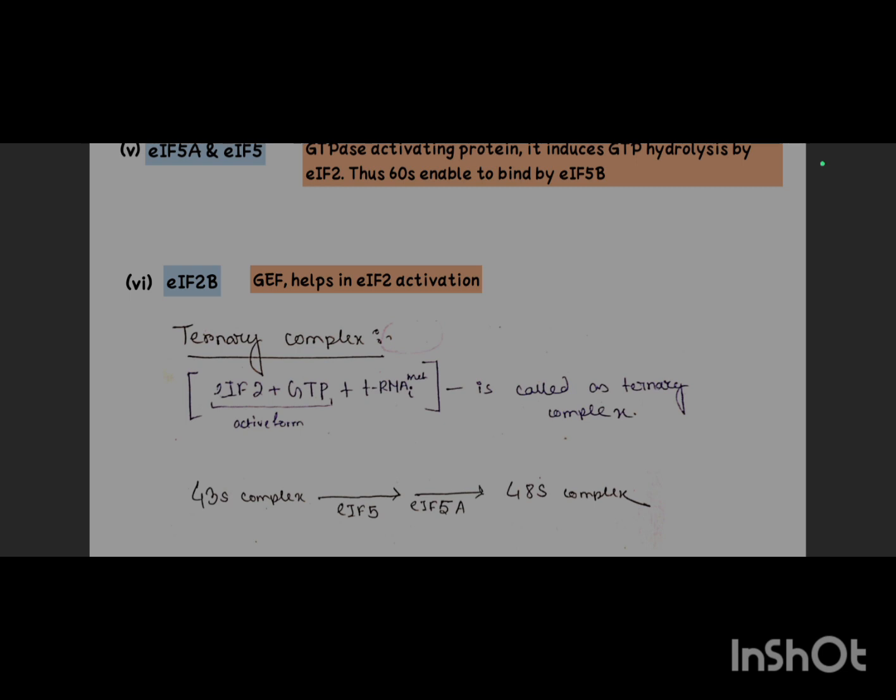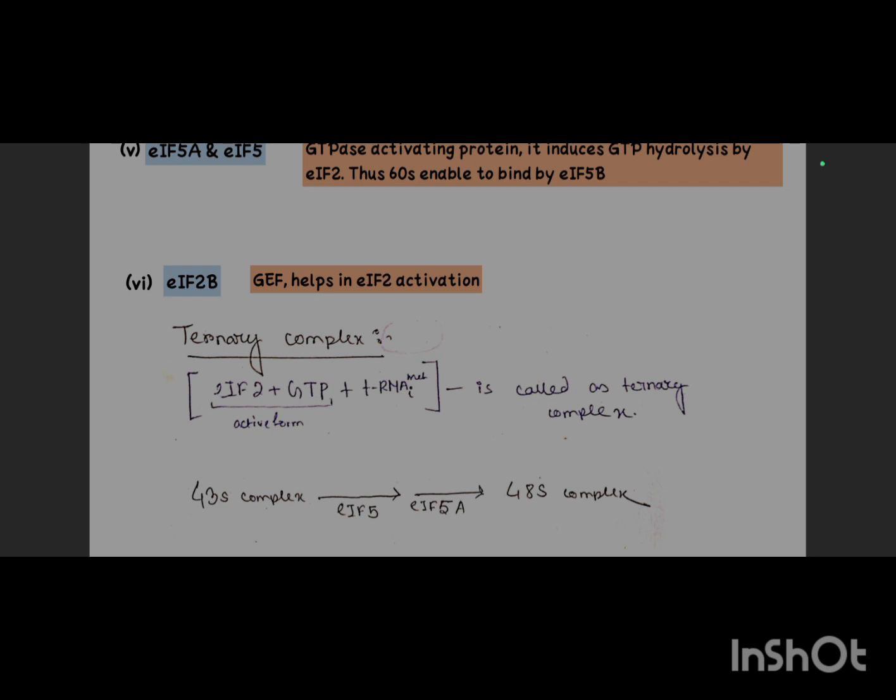When it gets attached with the 40S subunit, then the 43S pre-initiation complex is produced, and then with the 43S complex, EIF5 and EIF5A get attached, and the 48S complex is produced.